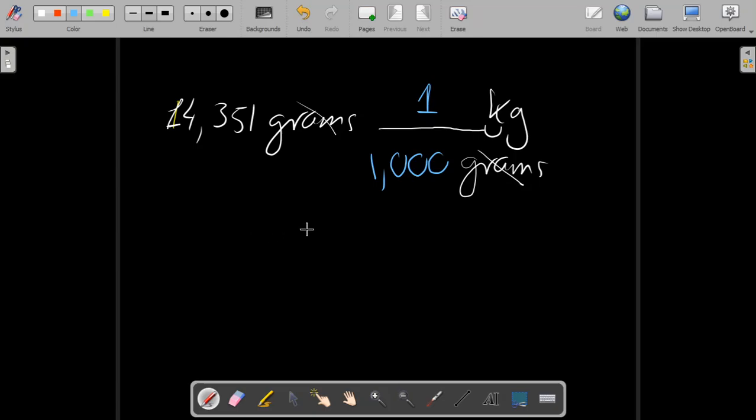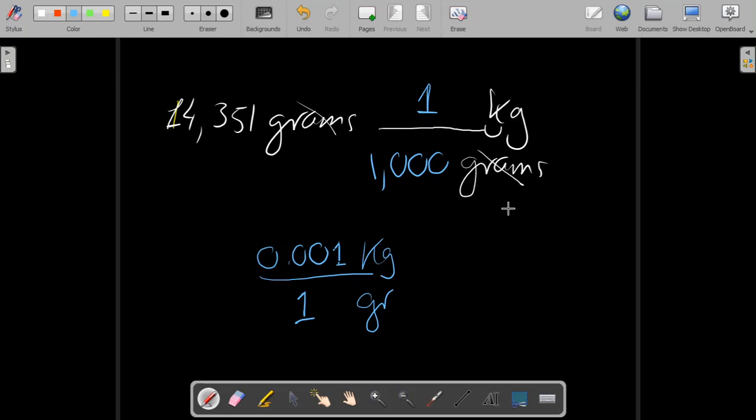I could also have done it this way. Grams at the bottom and my kilograms at the top, and I could have said that in 1 gram, I have 0.001 kilograms. This is also true, okay? It doesn't matter which one you put in there. The answer is going to be exactly the same. I like this one.